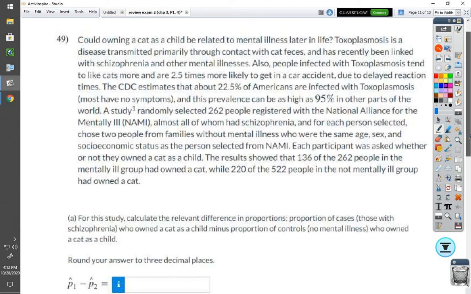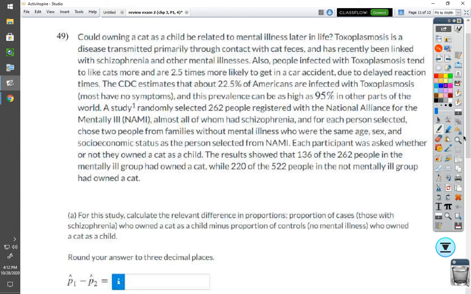As you take the time to read through the question and come back to it, randomly selected 262 people registered with the Alliance for Mentally Ill. 136 of those had a mental illness. 220 of the 522 did not have one.